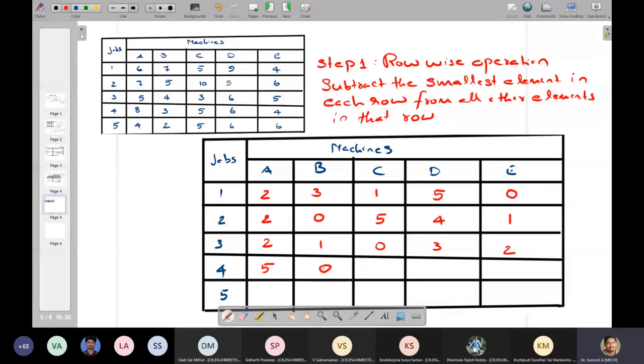So 4 minus 2 is 2, 2 minus 2 is 0, 5 minus 2 is 3, 6 minus 2 is 4, and that is also 4.